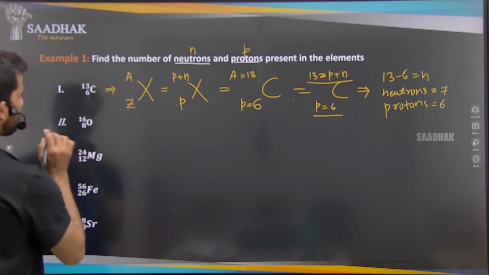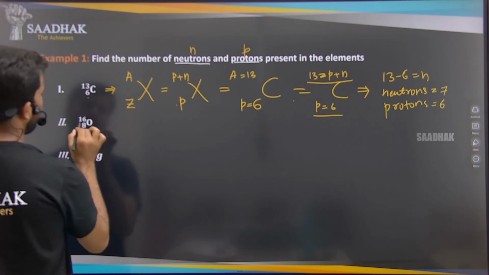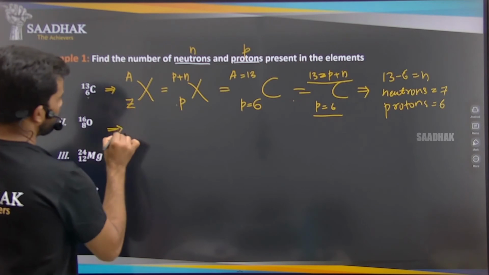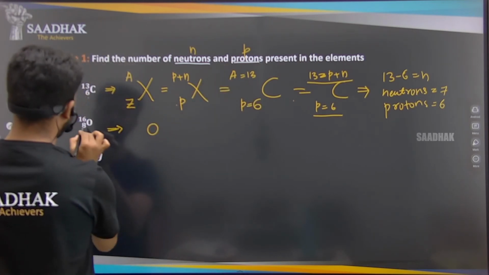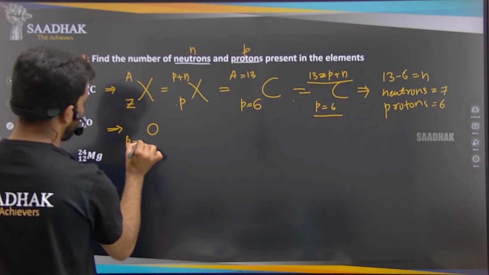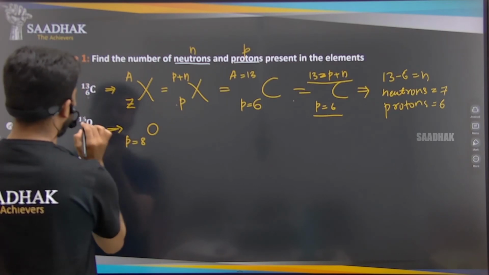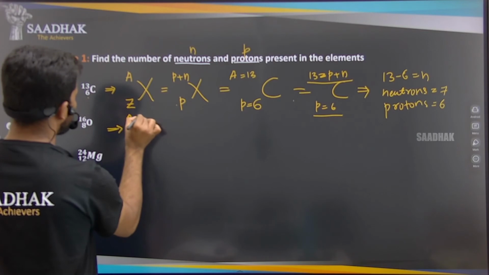Now coming to the second answer, oxygen 16. I will go directly into the steps. For oxygen, P equals 8, and A equals 16.